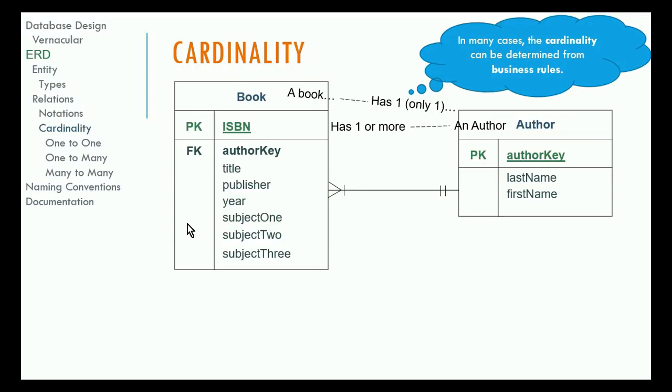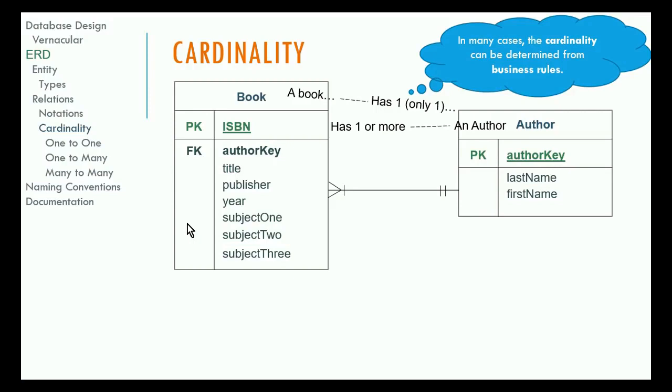But in many cases, we can look to the business rules that we discovered in the analysis phase. So when we do our requirements gathering and our analysis, those business rules that we turn up may help us determine what the correct cardinality is. So in this particular case, perhaps there's a business rule that I can only have one author per book.